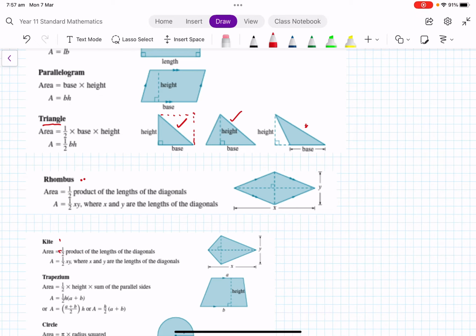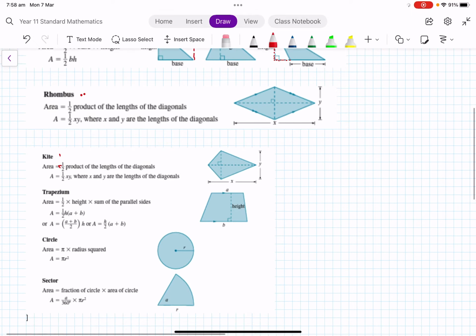The idea is that you have to extend the base out, but you're not really extending the base, you're just taking the base's direction until you get to a point where you can take a perpendicular height. So it's not this, and it's not this, and it's not this. It's this height here. So just take note of this one, because this often trips people up, and the shape is a bit different. So that's to note.